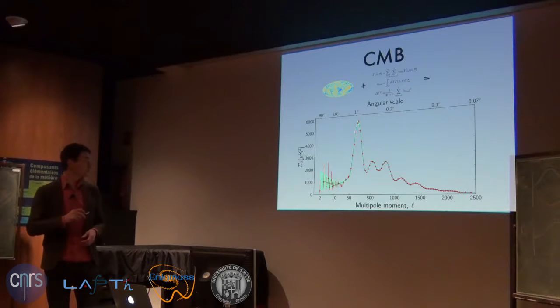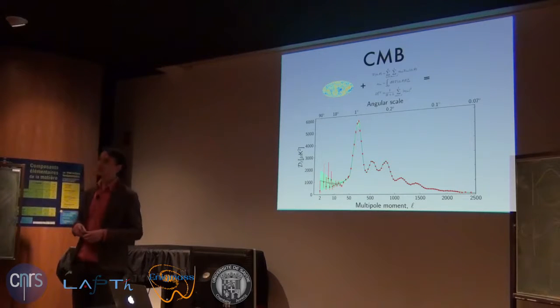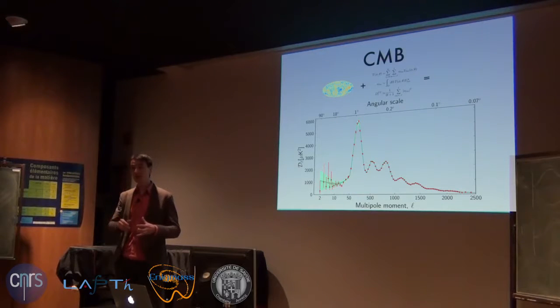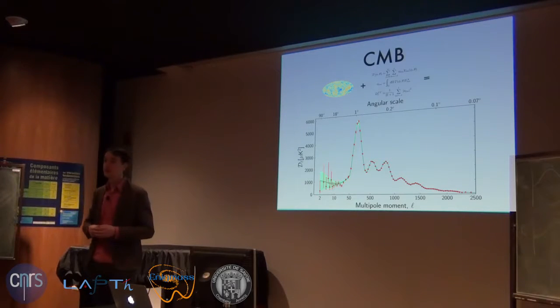That's where you get the maximum peaks. And the even peaks, so the second and the fourth and the sixth, etc., correspond to phases in the oscillation where the dark matter, which is not oscillating, is still in the same place, and the baryons and photons are in the opposite phase. So the overdensities of photons and baryons are in the positions where the dark matter is underdense.